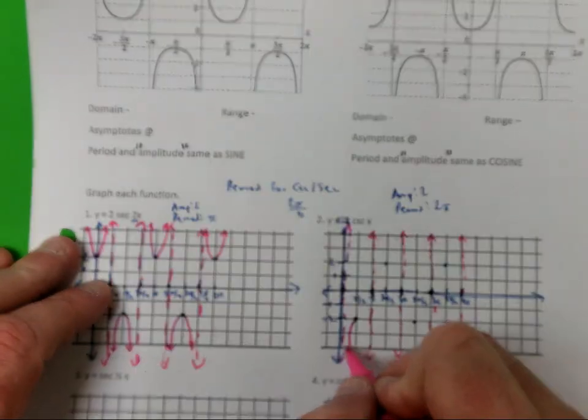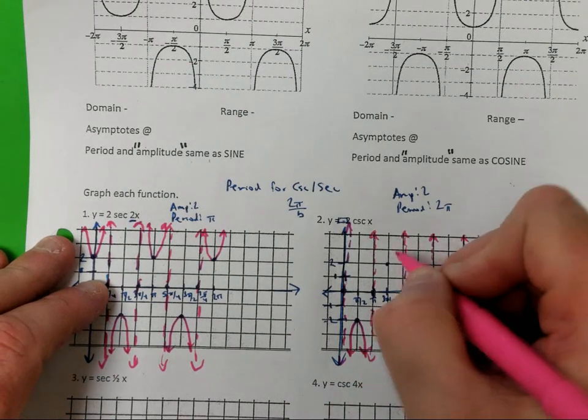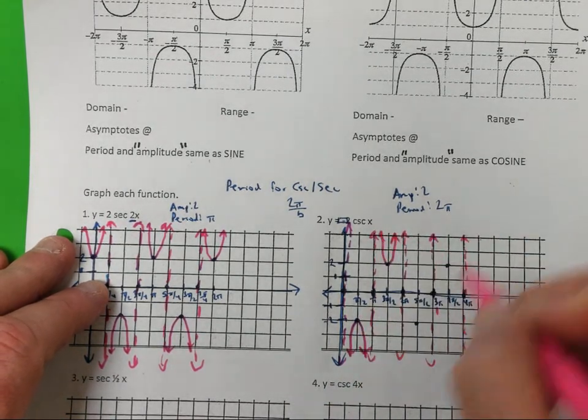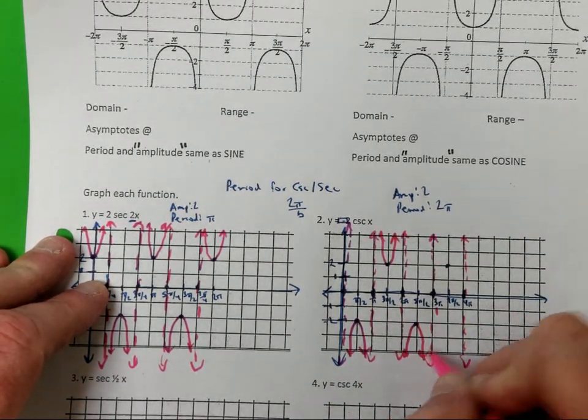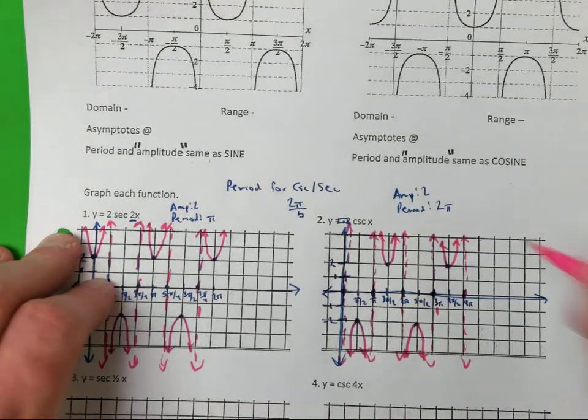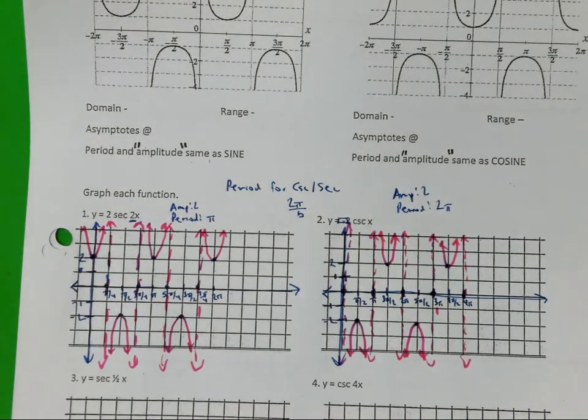And we come down here. It cannot cross that x-axis, so it's pointing downward. This is page 11, like I said again, page 11 in your notes.